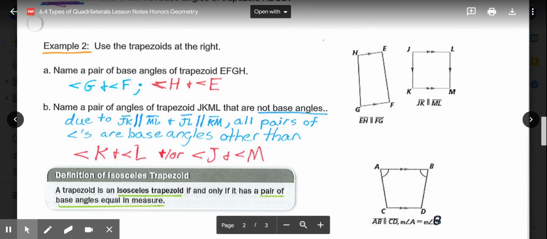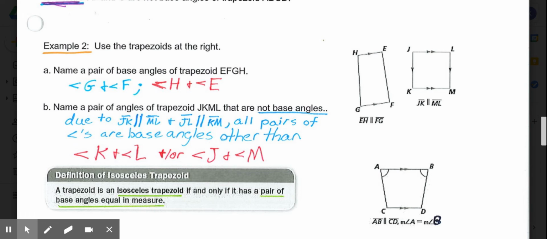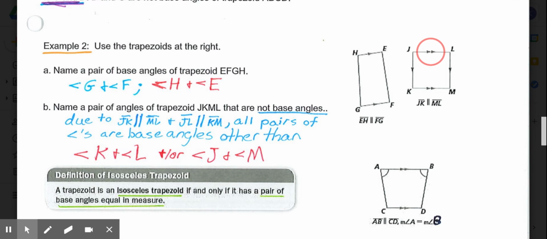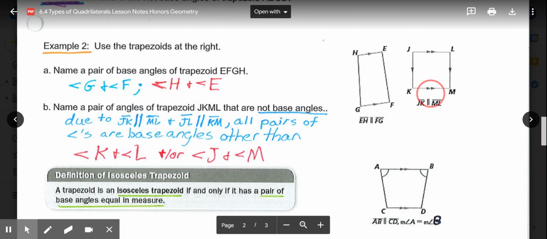Then in B, it says, name a pair of angles of trapezoid JKML that are not base angles. In this case, JK is parallel to LM. But also, JL, here with the double arrows, is parallel to KM.